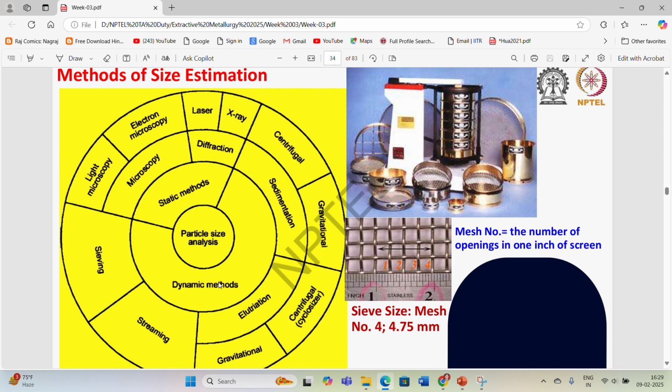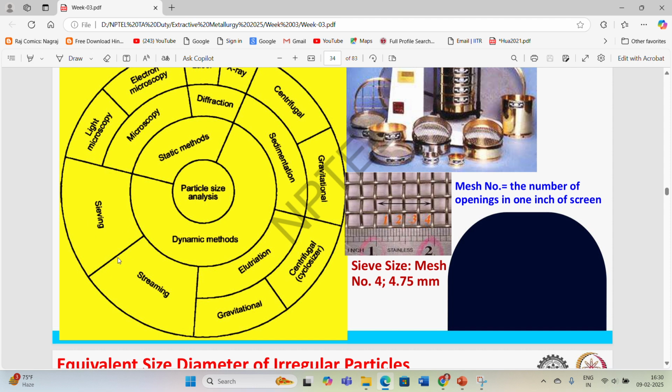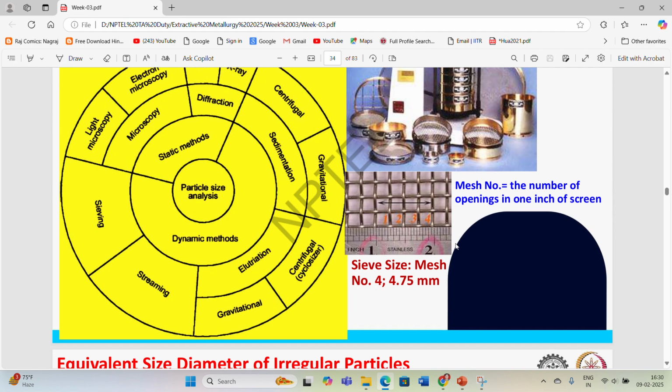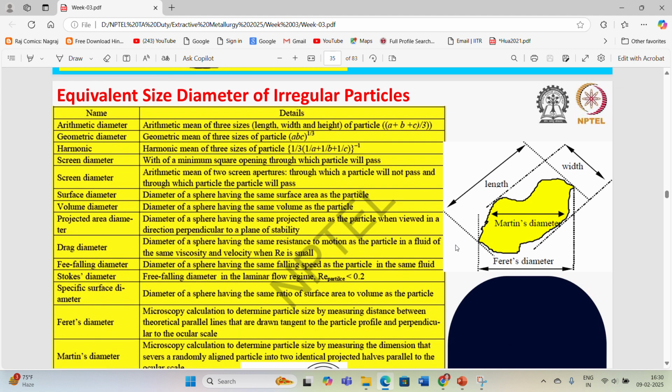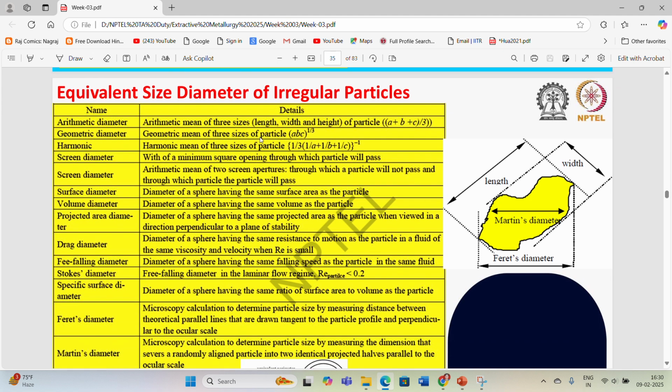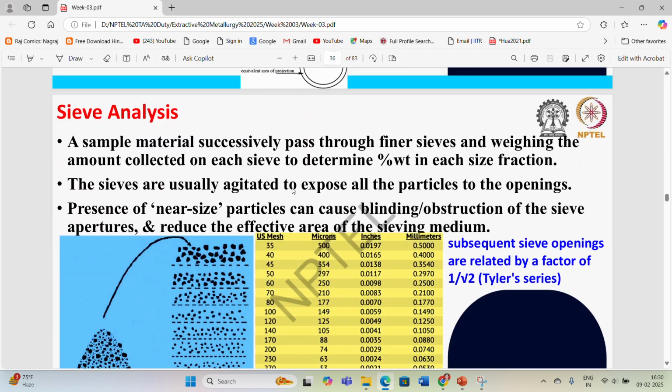In static methods, we generally talk about microscopy and diffraction methods, which include optical microscopy, scanning electron microscopy, or the laser X-ray process. While in dynamic methods, we can go with sieving, centrifugal, sedimentation, or filtration processes for analyzing the size of the material. Then there are some equivalent size diameters of irregular particles.